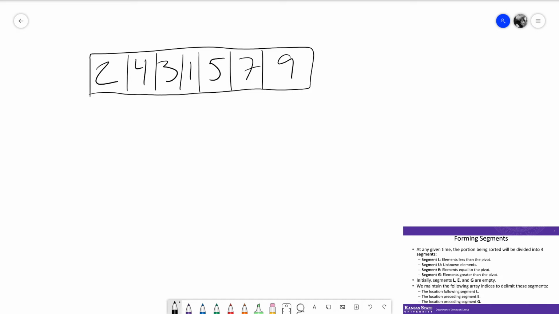So since we haven't actually sorted anything, the index for L is actually going to point to here, right? Because this portion over here is actually going to be L. L has nothing in it so far. So L, the location following segment L.